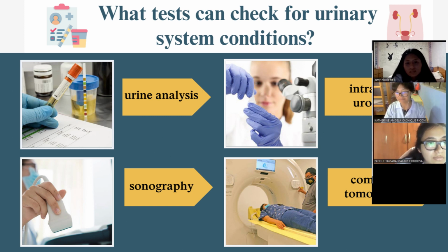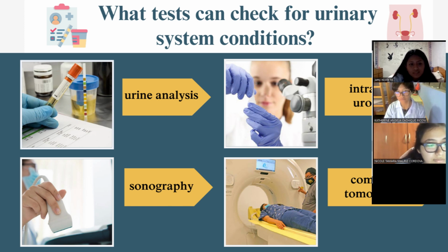What scans check for urinary system conditions? Urinalysis, this test is used to assess the presence of bacteria, blood cells, protein, and other markers of disease in the urine.